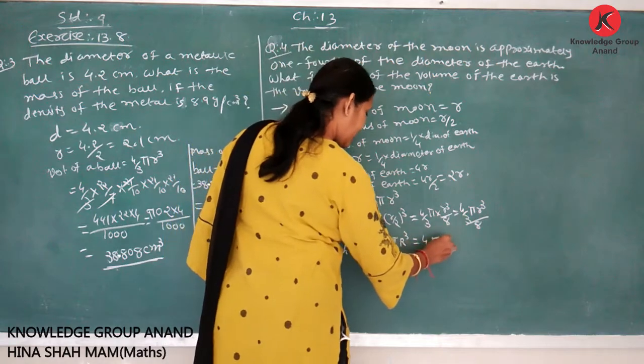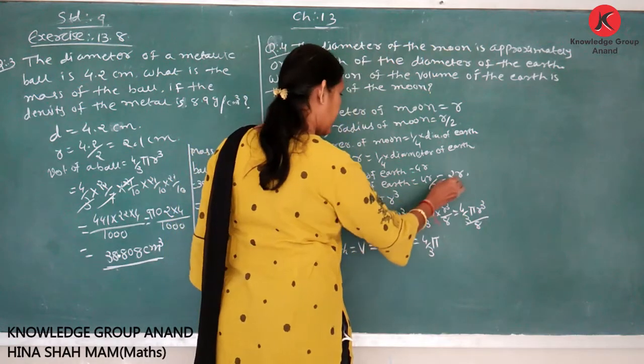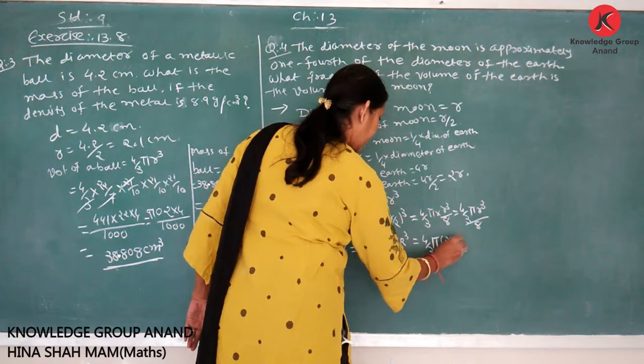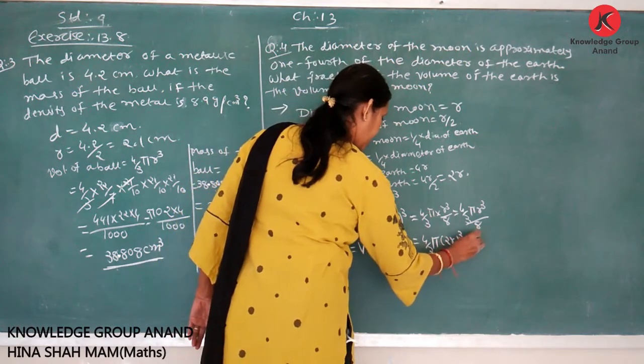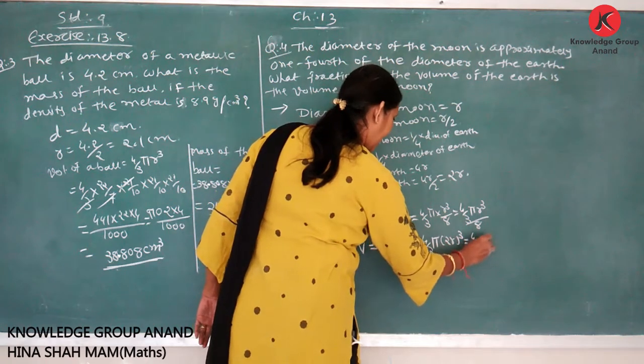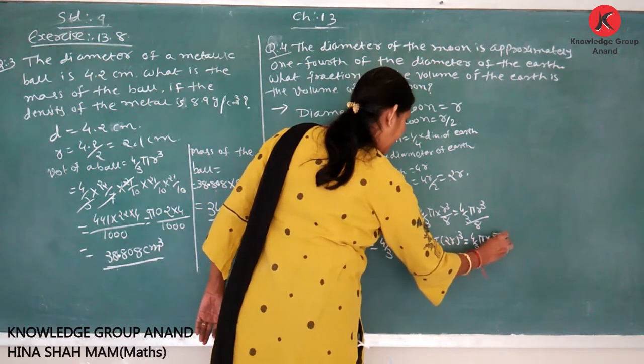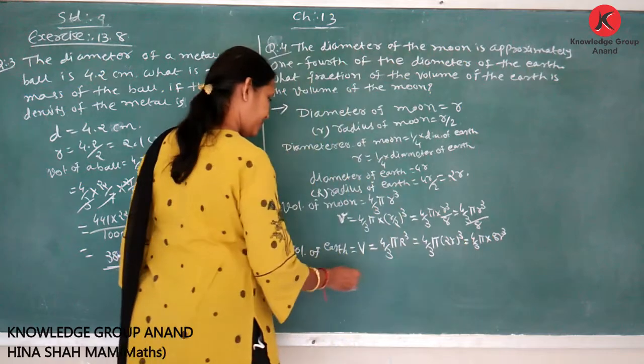Capital R is equal to 2R, 2R cube is equal to 8R cube.